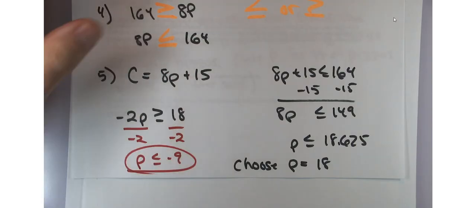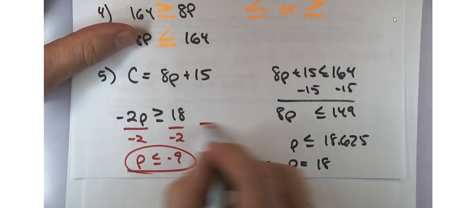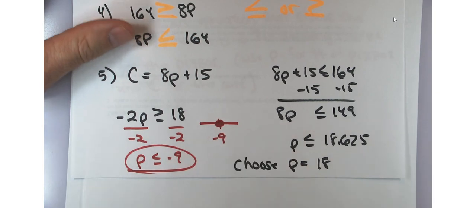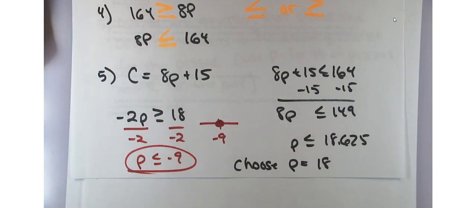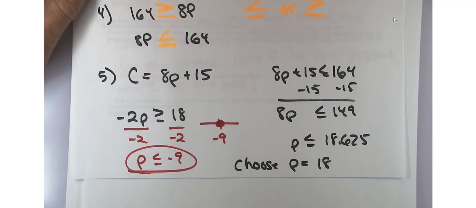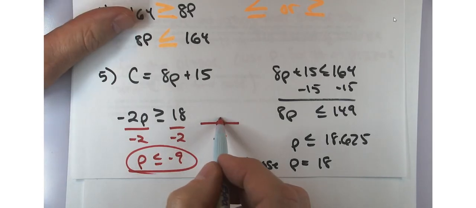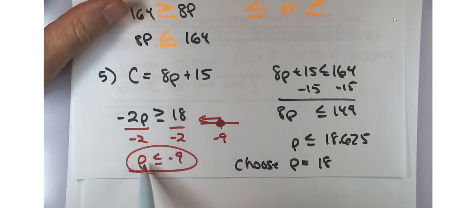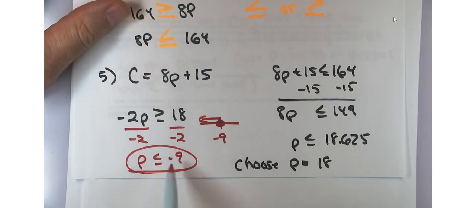The graph of something like this would be a solid dot on the negative 9. Which way do I draw the arrow? This way. Layla? So the nice thing about putting the P on the left-hand side is it tells you which way to draw the arrow. So it's going to be to the left. You're looking for numbers that are less than negative 9.